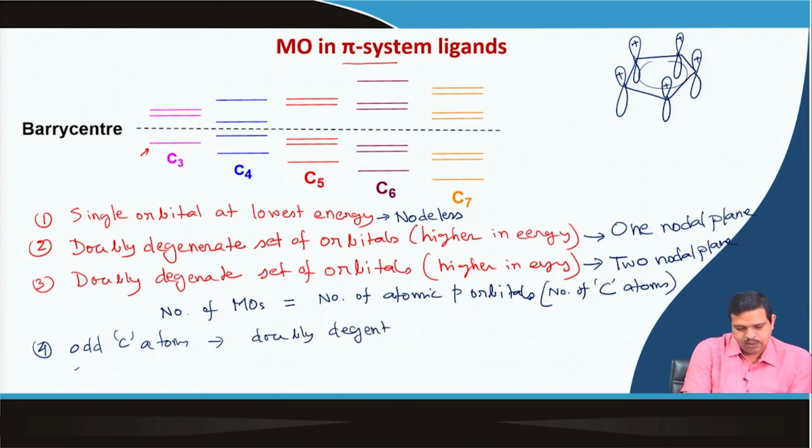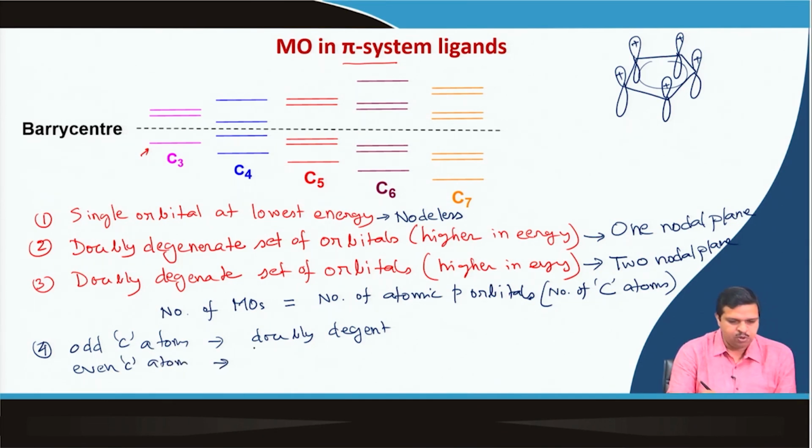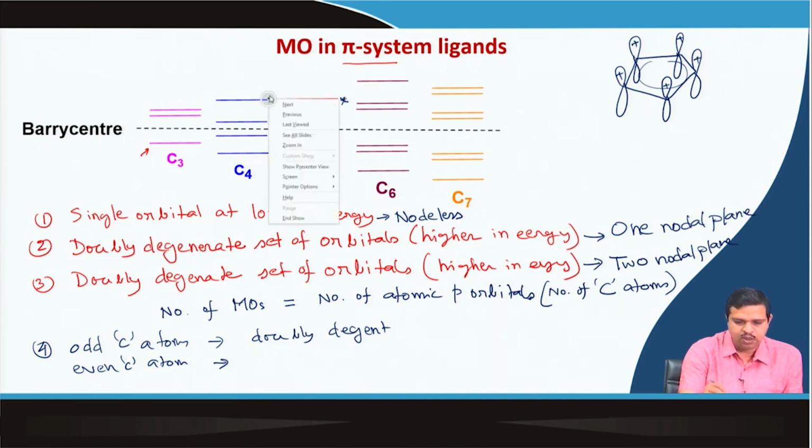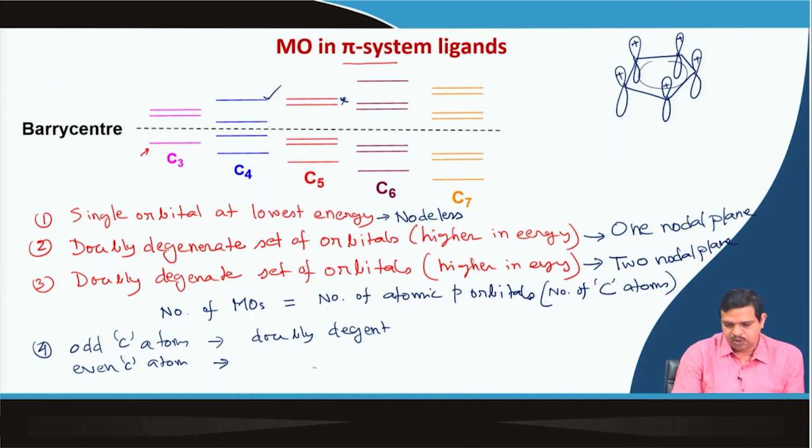And when it is an even cyclic polyene system, then you will see the highest molecular orbital is a non-degenerate singlet. So for even carbon atoms it is non-degenerate.